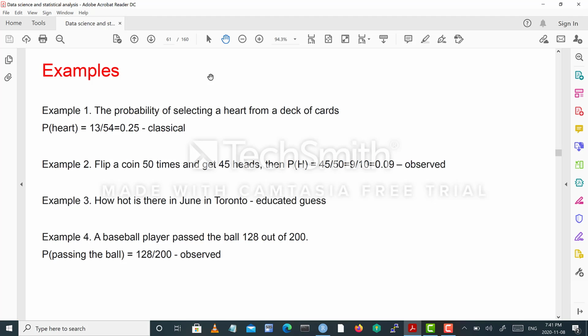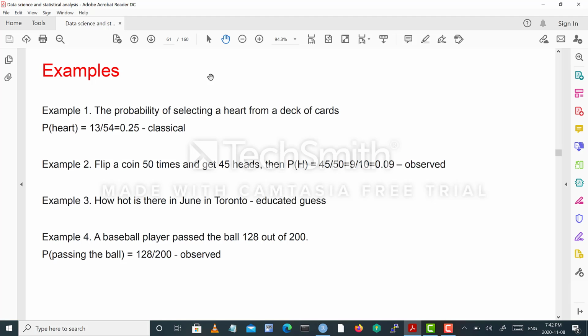Example 2: flip a coin 50 times and get 45 heads. Then the probability of getting head is 45 divided by 50, which is 90%, observed. Example 3: how hot is it in June in Toronto? Educated guess. We don't know for sure.